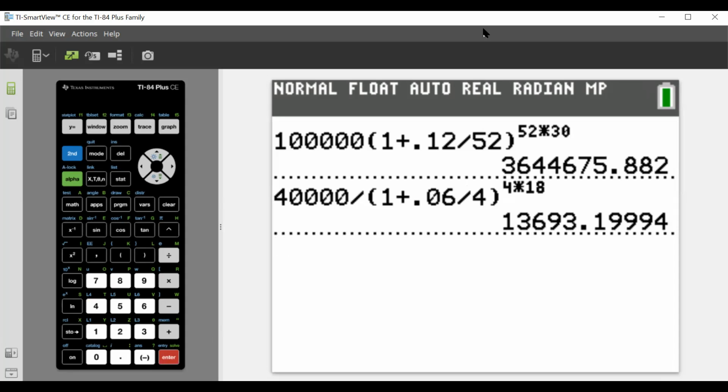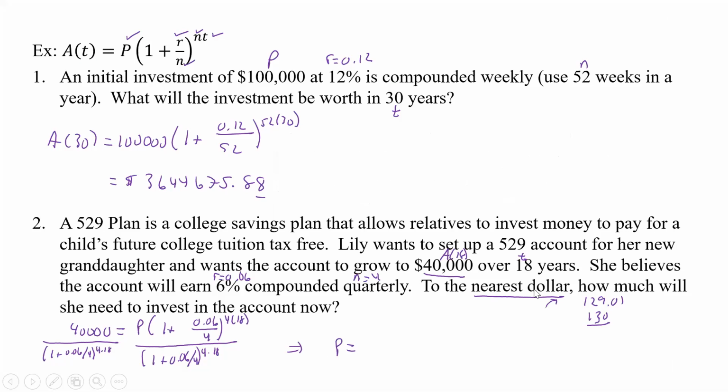Now, again, because it said rounding to the nearest dollar, it didn't say to do it the proper manner with the counting and banking, that would give us 13693. Now again, if it didn't say the nearest dollar, we would actually round it up to 13694. And then with that number, we would for sure get to the 40,000.